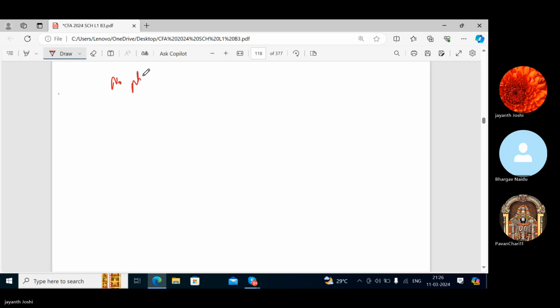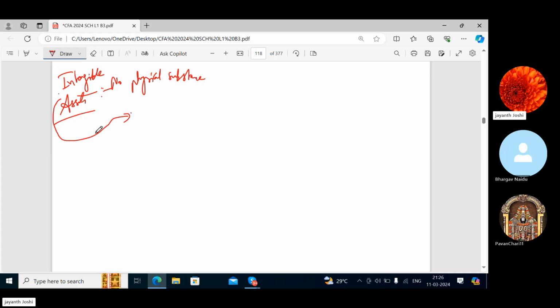The recognition criteria for intangible assets: it is owned or controlled by the entity, the owners would get future probable economic benefits from it, and it should have a cost. Its cost should be recognized.